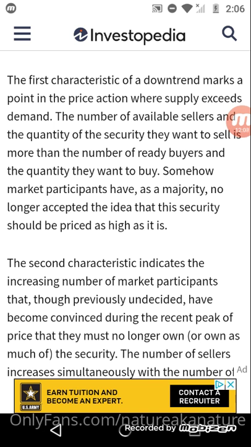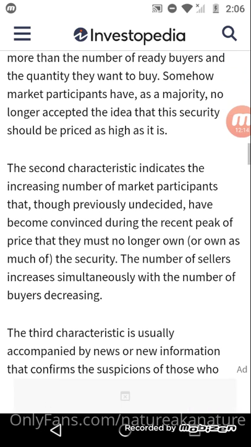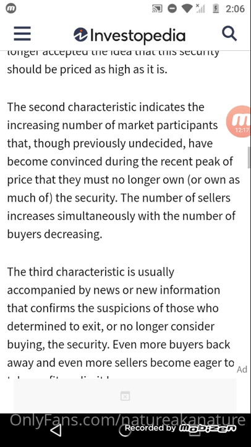The second characteristic indicates that increasing numbers of market participants, though previously undecided, have become convinced during the recent peak of the price that they must no longer own, or own as much of, the security. The number of sellers increases simultaneously with the number of buyers decreasing.